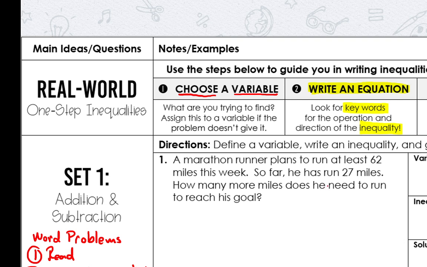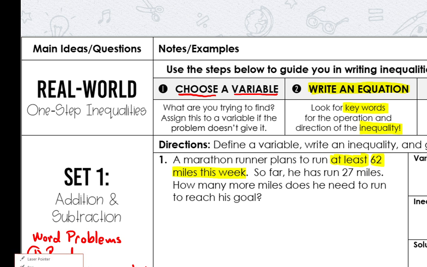That's nice. We read first, let's read again and highlight important information. I use a yellow highlight. A marathon runner plans to run at least, attention over here, because here is the inequality, at least 62 miles this week. At least is our inequality.